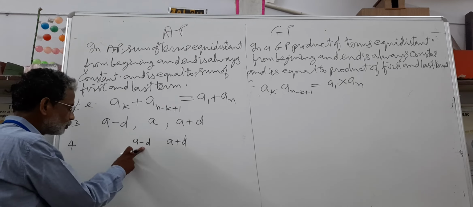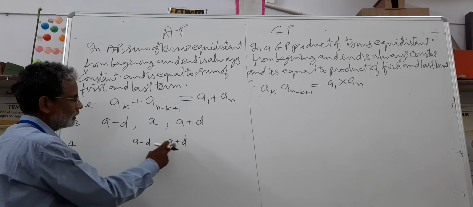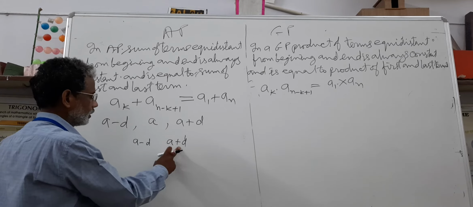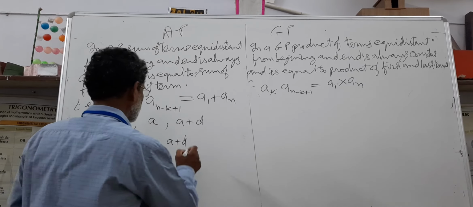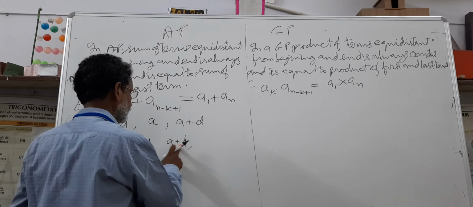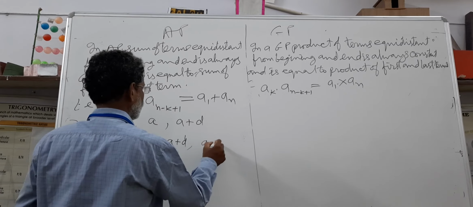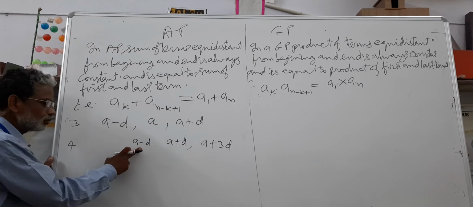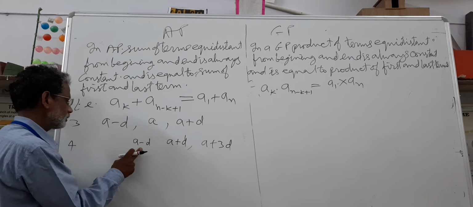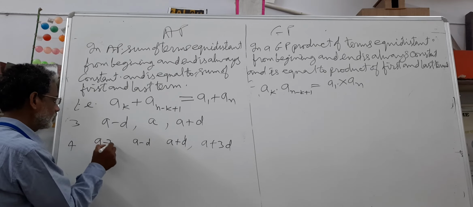If you add 2D here, you will obtain A plus D. But in an AP, the difference is always constant. Therefore, add 2D here again, you will get A plus 3D as the next term. And subtract 2D here, you will get the previous term as A minus 3D.